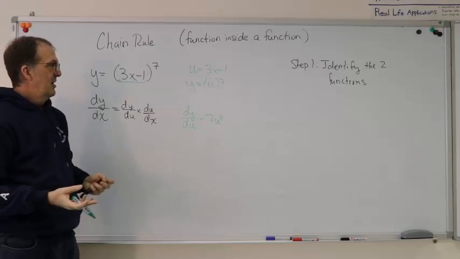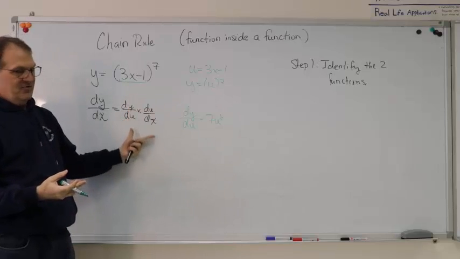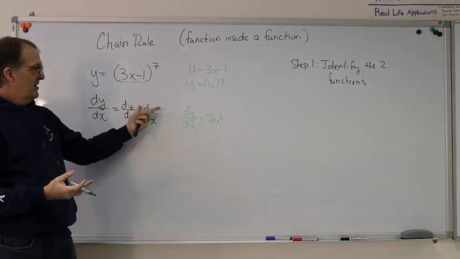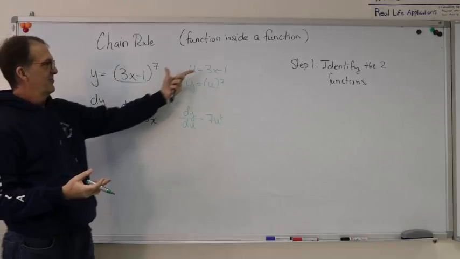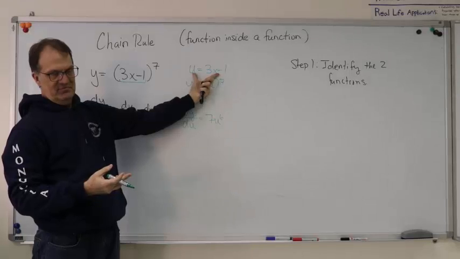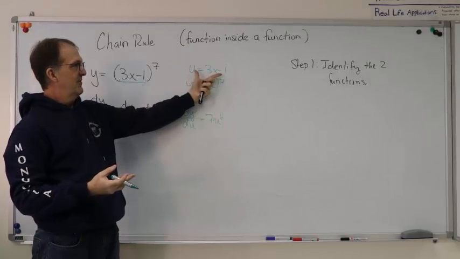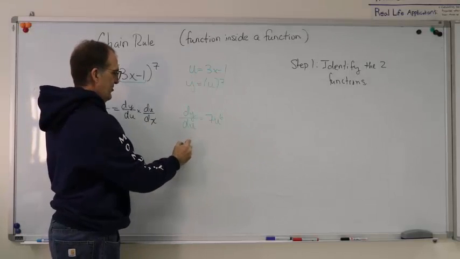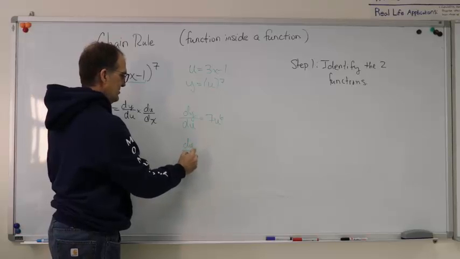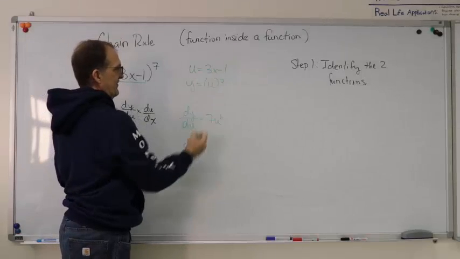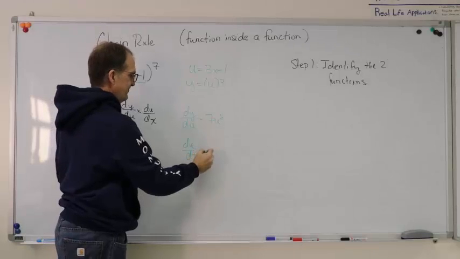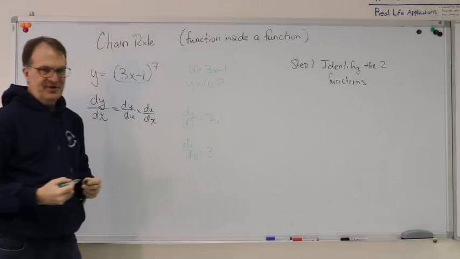Then the second part of the chain rule is the derivative of u with respect to x. So du/dx, what's the derivative of 3x minus 1? It's 3.